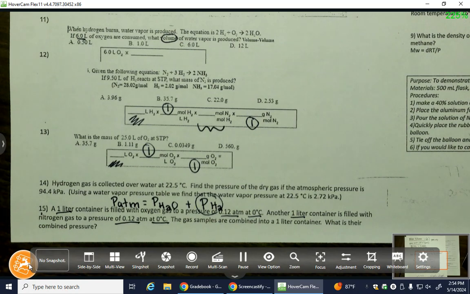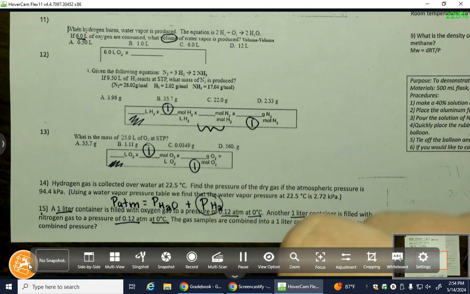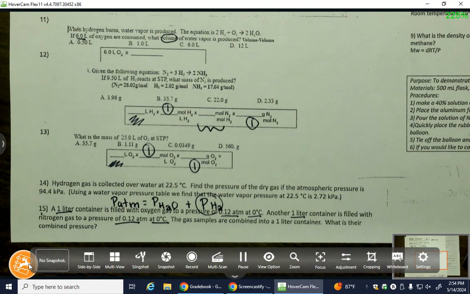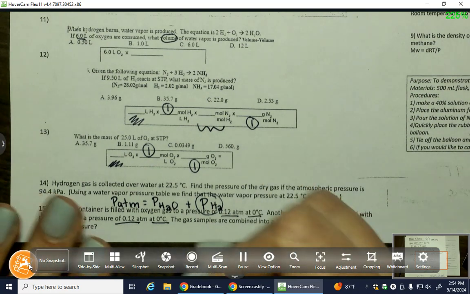Does that make sense? So this one is actually as easy as it looks. What do you think we're doing if this is Dalton's law? You add them. Yep, you're going to add them together. That's it. You could already tell me what the answer is.